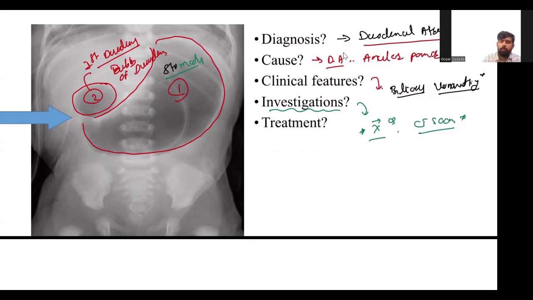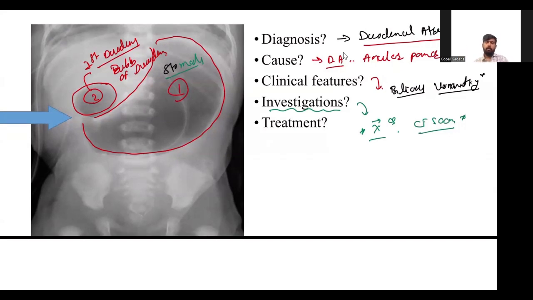So what would be the treatment for this? The treatment for the duodenal atresia is duodenoduodenostomy. A diamond-shaped duodenostomy is done. In case of annular pancreas, or in case of duodenal obstruction due to pancreatic tumors, palliative surgeries like gastrojejunostomy can be done in case of an adult patient.